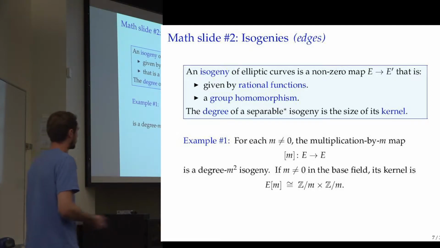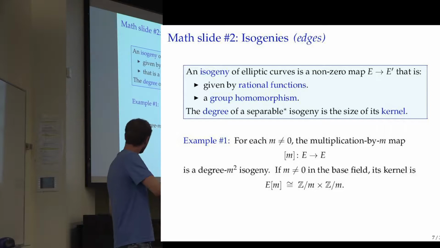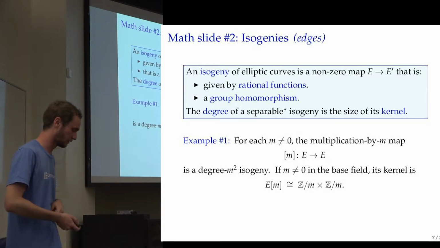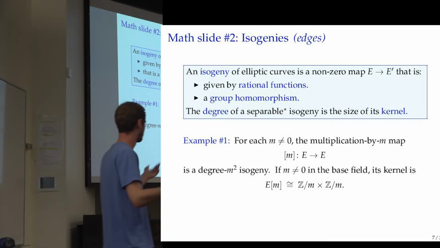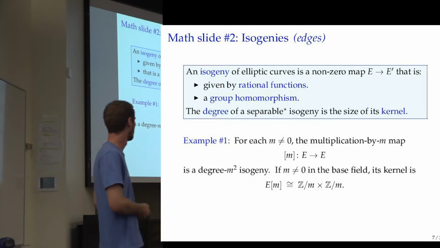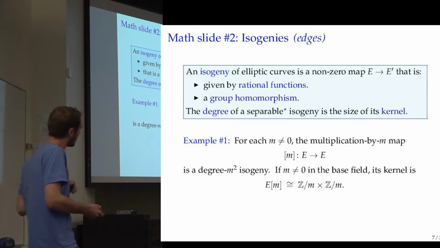And also by the curve theory, we know that the kernel, well, I don't have a pointer, looks like a product of two copies of Z mod m. So it's just two cyclic groups together. It's like a two-dimensional, you can think about a torus, really. I guess.